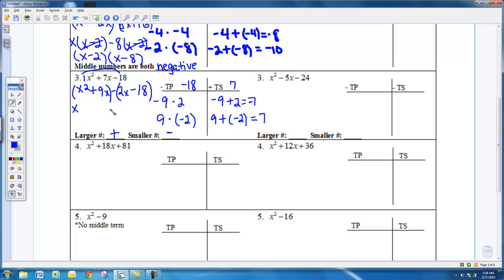Take a negative 2 out of this group. x squared divided by x leaves us with an x. 9x divided by x leaves us with 9. Negative 2x divided by negative 2 leaves us with only an x. Negative 18 divided by negative 2 leaves us with positive 9. x plus 9 is our common binomial factor. We'll take it out. It leaves us with x minus 2 for the second set of parentheses.